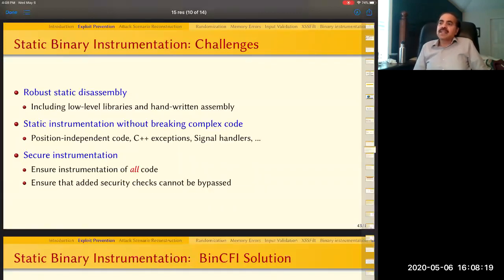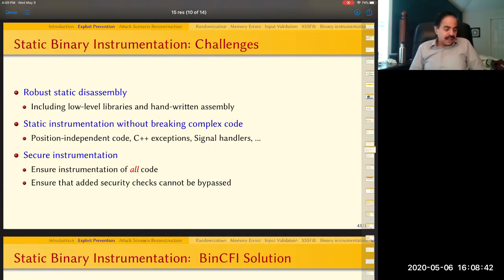And at that time, you can say, hey, whatever code was there at 100 now is at 150, and I'm going to jump to that, right? So that's one of the challenges in static instrumentation. And there are a number of other challenges, and how do you deal with all of that, and how do you make sure that the code will work correctly after instrumentation.